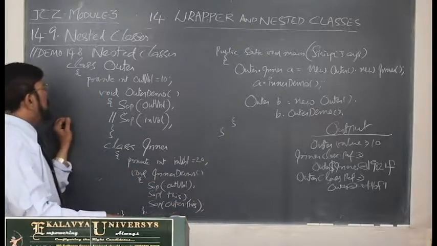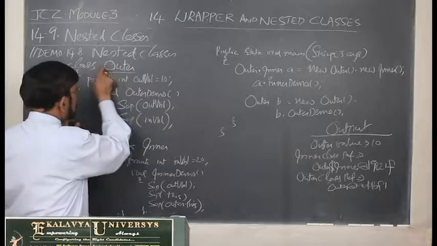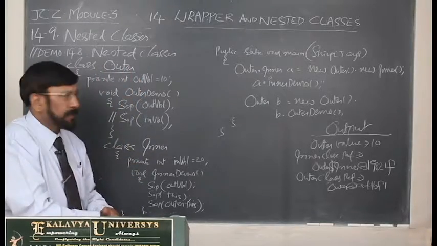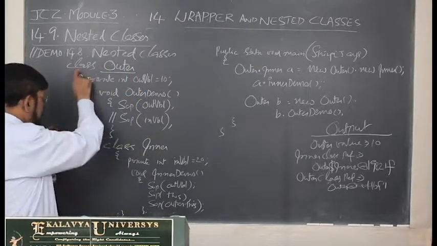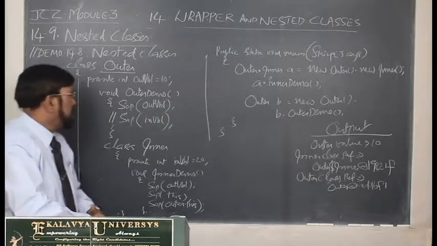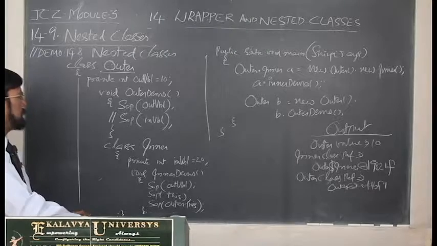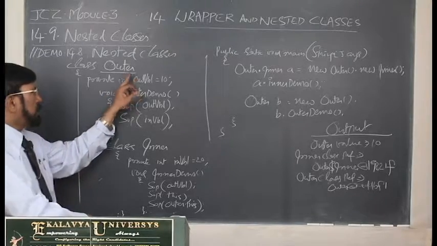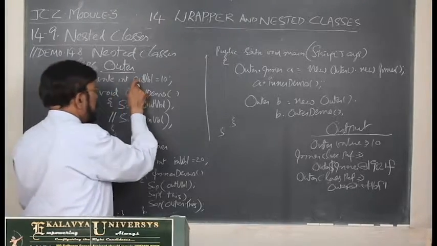Now, you see I am defining only one class, that is Outer. Outer, the entire thing including this is the body. In the outer class one field I have defined.